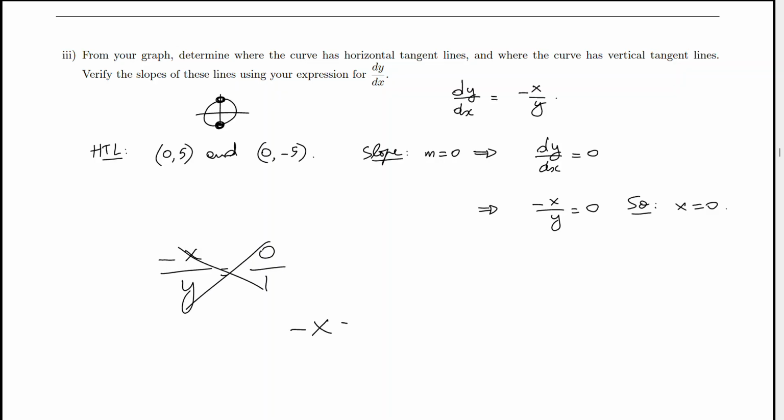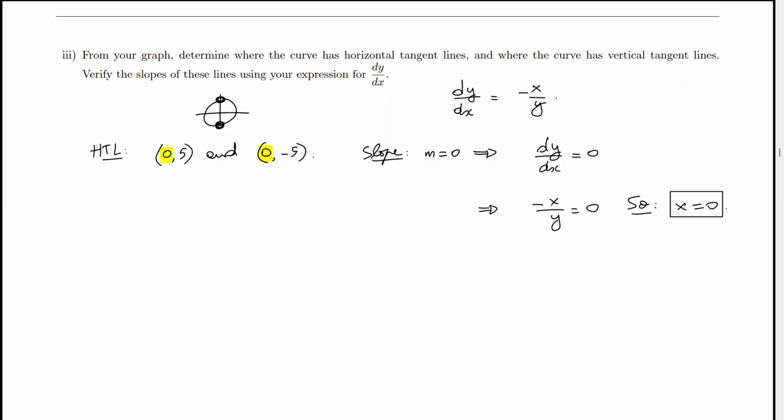I get negative x equal to 0, which means x is going to be 0, because 0 times y is 0, and 1 times negative x is just negative x. So regardless of how you think of it, you should know that if a fraction equals 0, that means the numerator must have been 0. So that confirms my first intuition, which is that the x-coordinate of the point should always be 0.